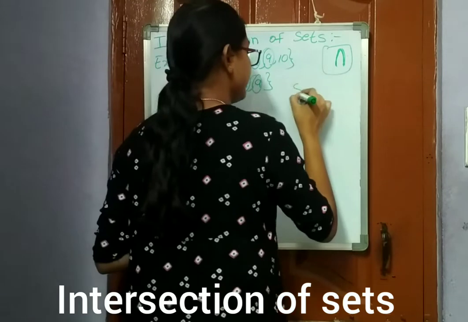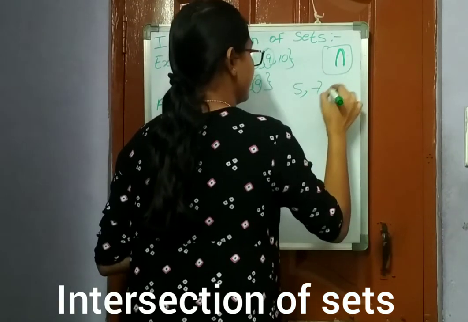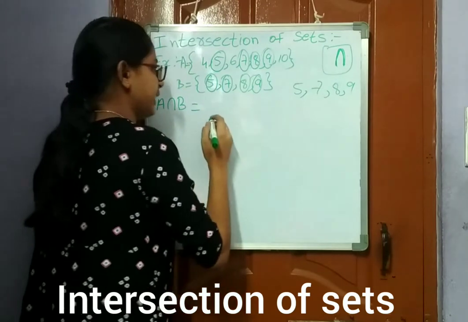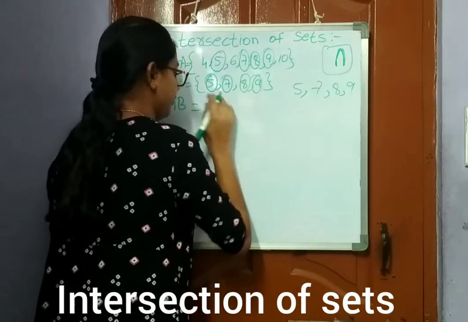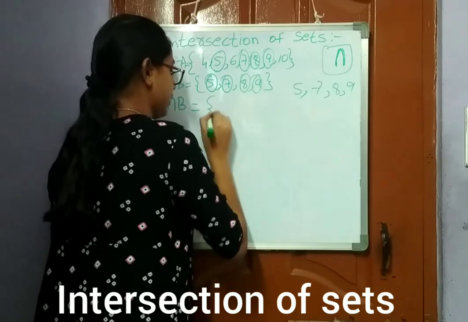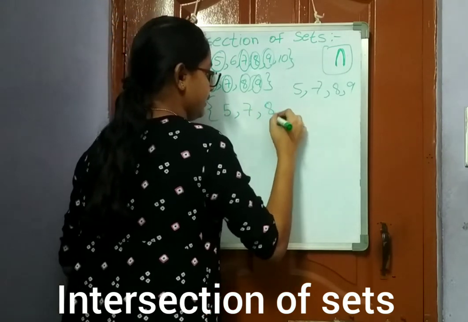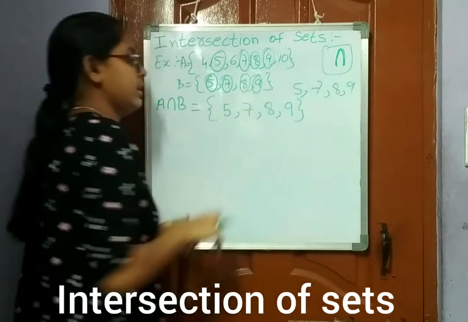So A intersection B will be the set of 5, 7, 8 and 9.